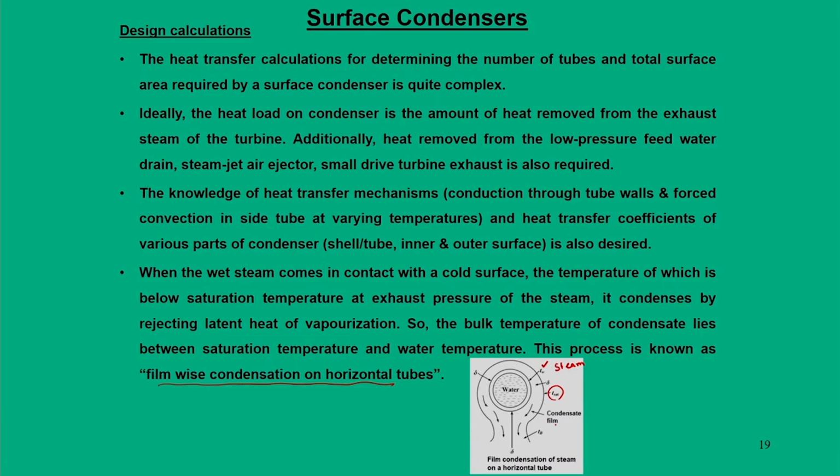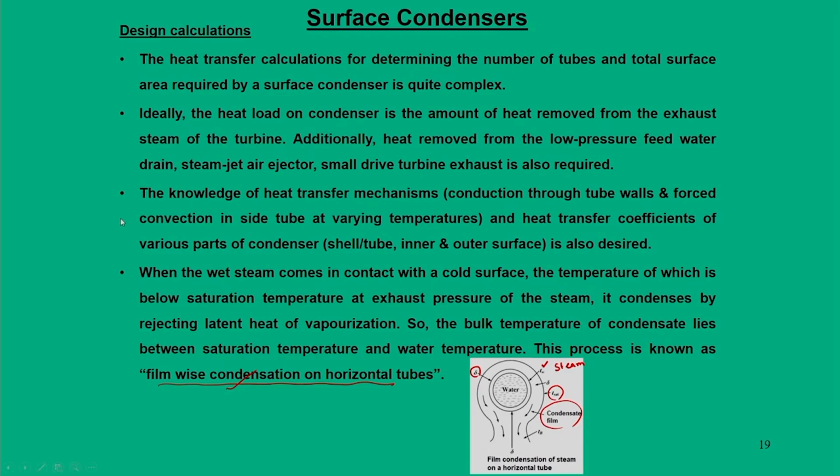So, there is a layer, and we call this a condensate film, and it has a thickness delta, which engulfs the diameter of the tube in which water is there. This particular concept we call film wise condensation, which is a different part altogether, and that also comes in the design of steam condensers.